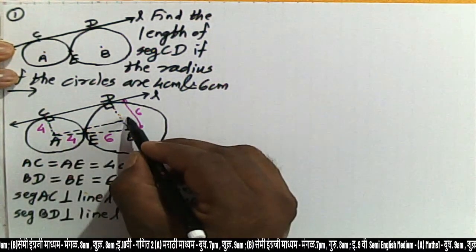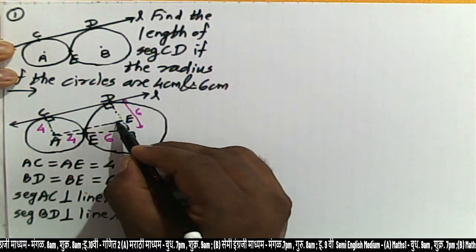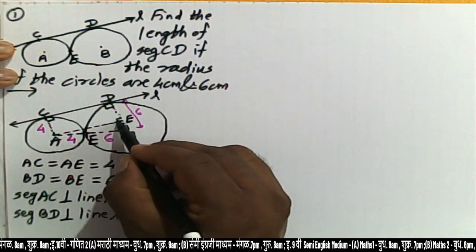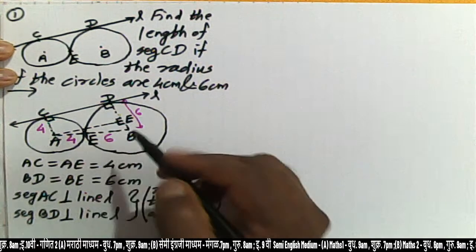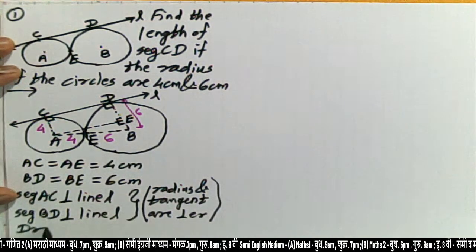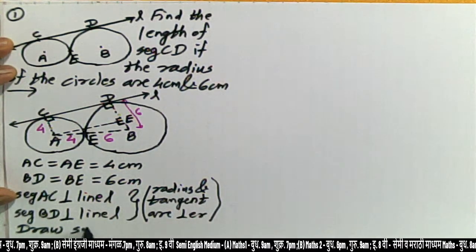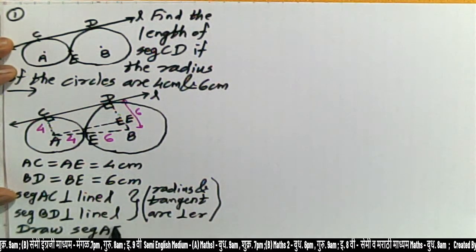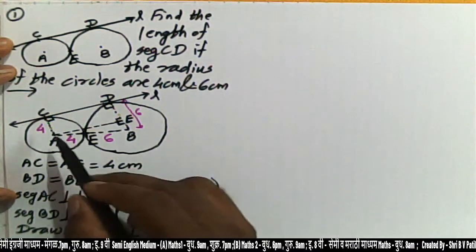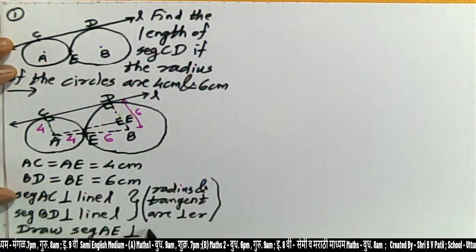Here we write E. AE is perpendicular to BD. Draw segment AE perpendicular to segment BD.